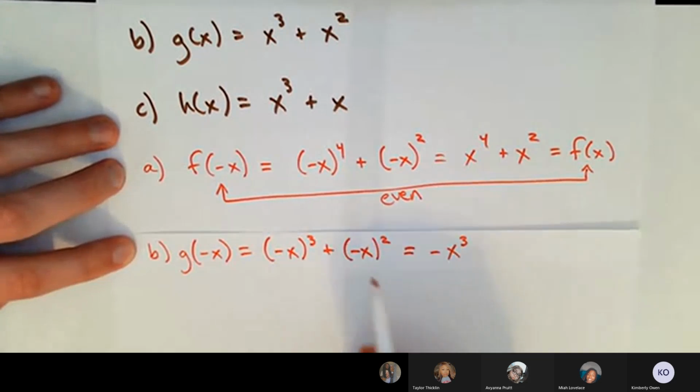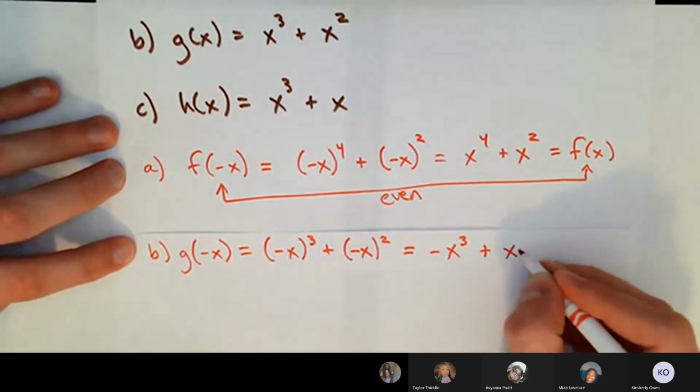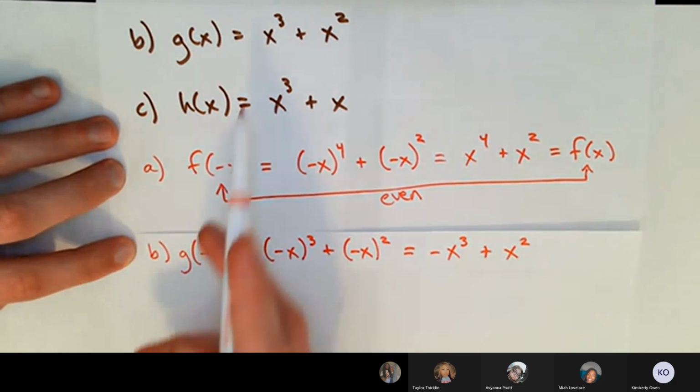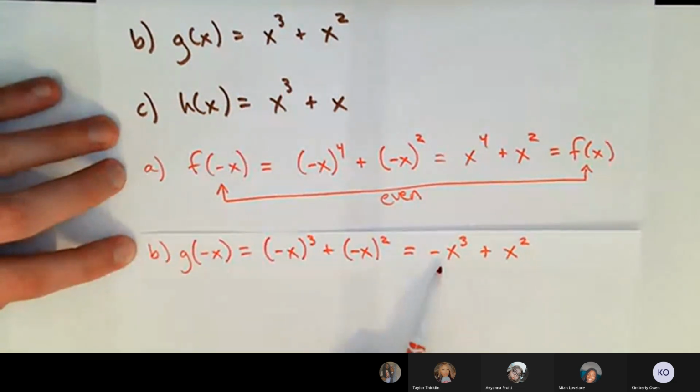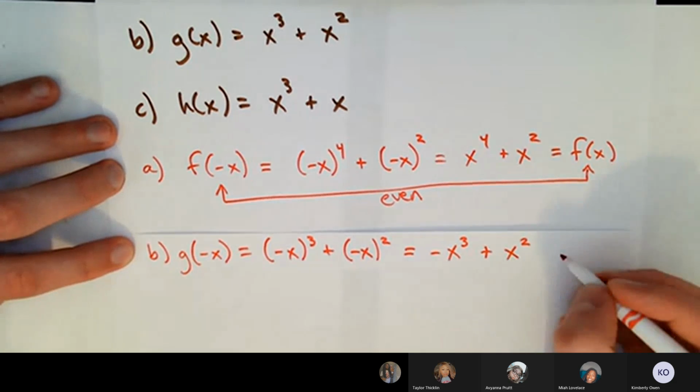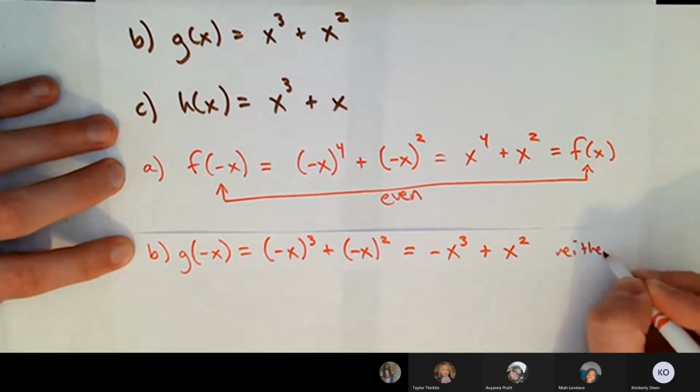But the x squared function does absorb it. So it just stays positive. Is this equal to g of x originally? No, because it has an extra negative. Is it odd, equal to just putting a negative on the outside of g? Well, no, because only one of the signs changed. So this is neither.